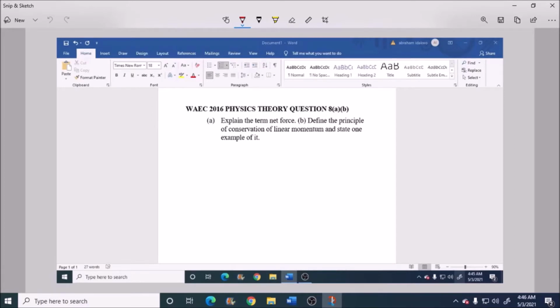The principle of conservation of linear momentum explains that in an isolated or closed system of colliding bodies, the total linear momentum in a fixed direction remains constant. An example of that is the recoil of a gun, the colliding trolleys, rocket propulsion, and so on and so forth.